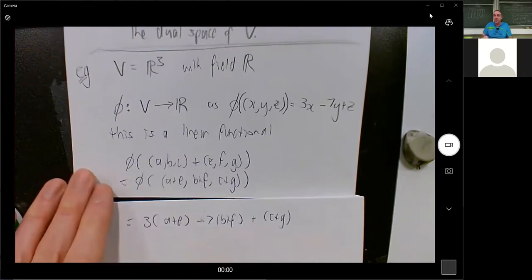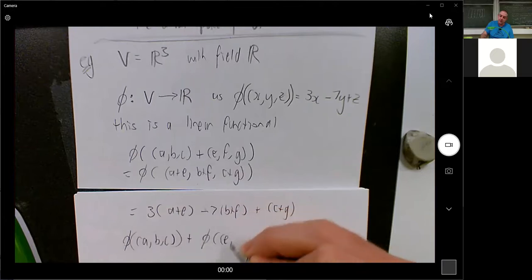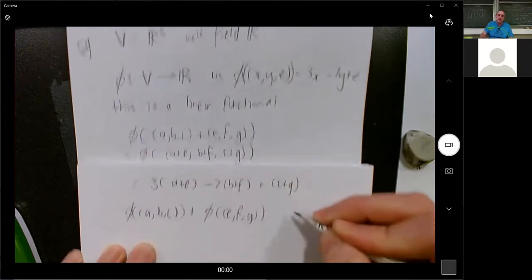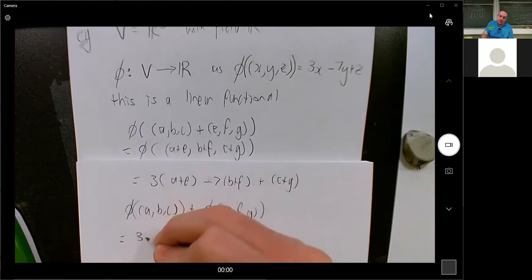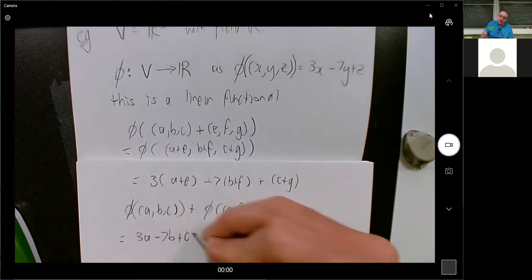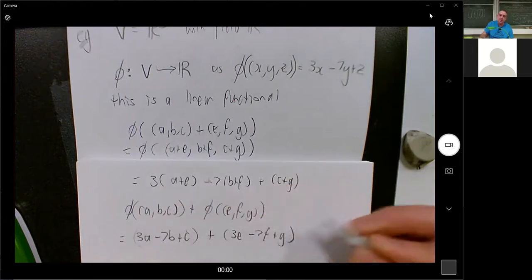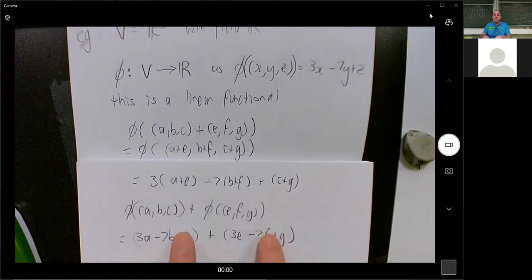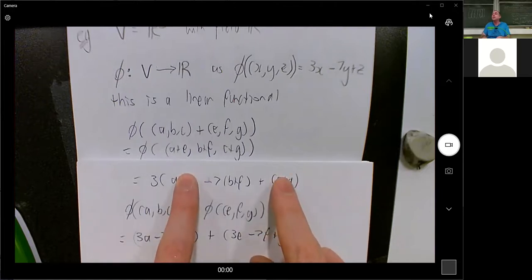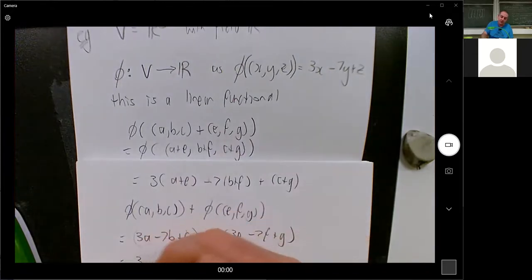But on the other hand, if I did phi of A, B, C, and phi of E, F, G, I would get 3A minus 7B plus C, and this would be 3E minus 7F plus G, and they are the same. This is the same thing as this, because if I expand this one out, well, I can factorize this one, right?